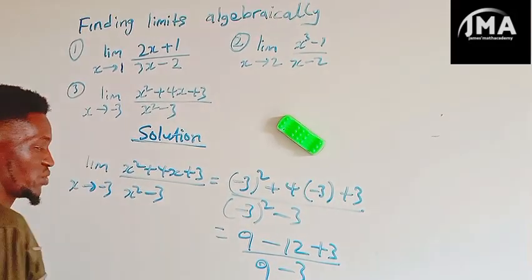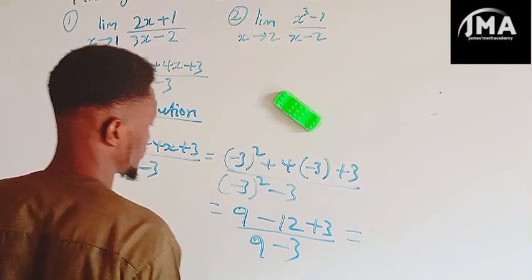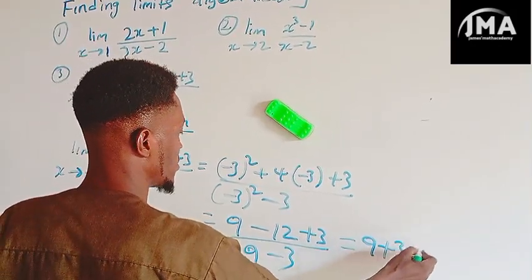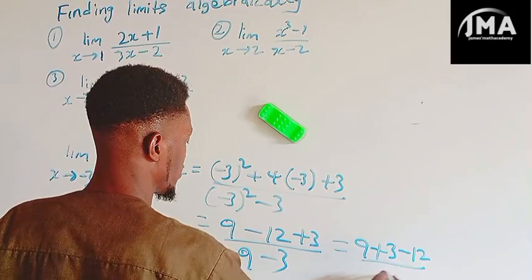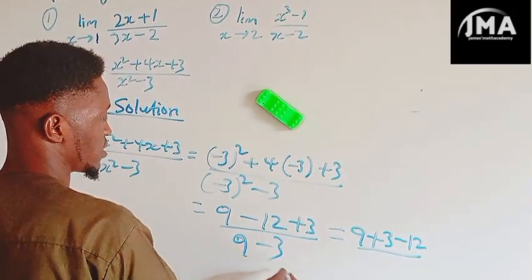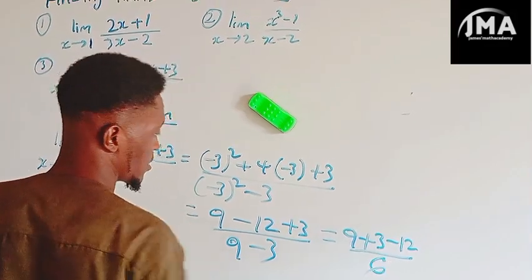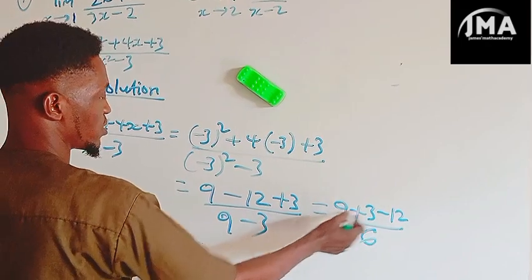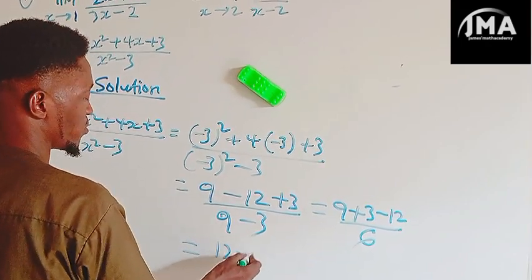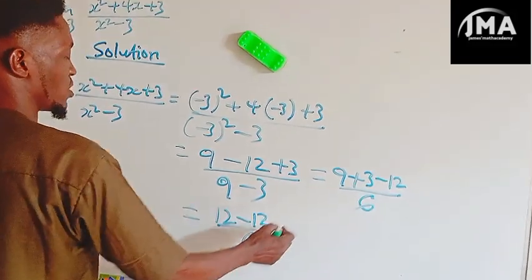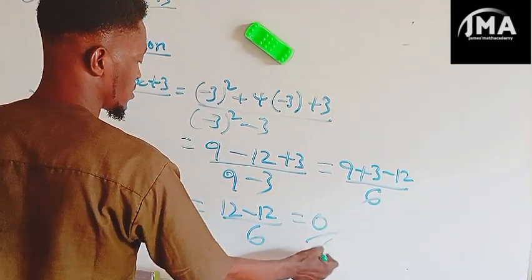So essentially, this is 9 plus 3 minus 12, everything over 9 minus 3, which is 6. 9 plus 3 is 12, minus 12, over 6. 12 minus 12 is 0, over 6.